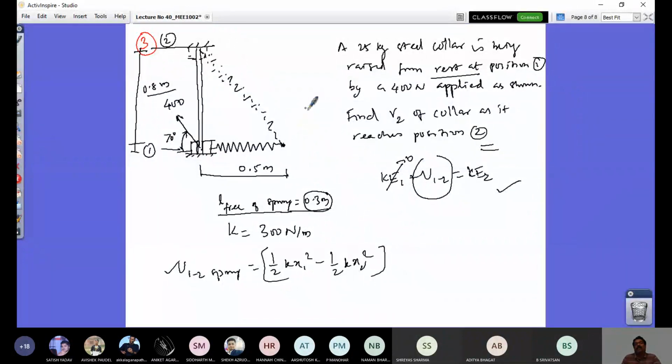So you will have, in addition to the terms for the weight component and the component of the force, an additional term which would be mu k times 400 sine 70 into 0.8. That term will not appear as we are given that this is a smooth rod. That's the difference, right?